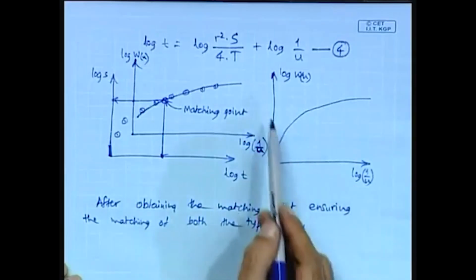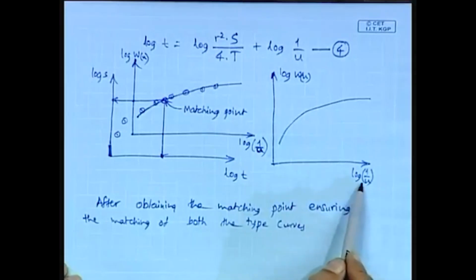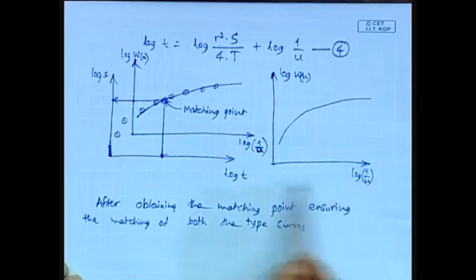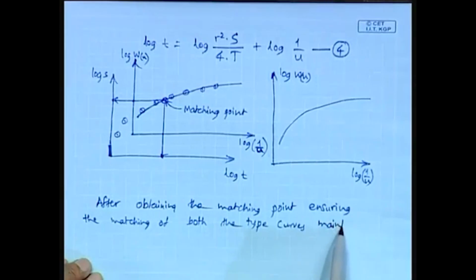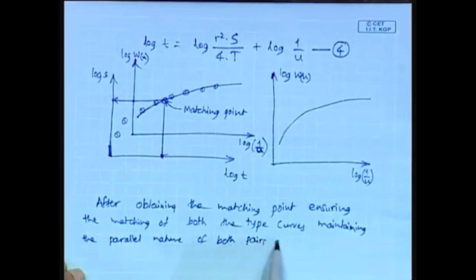Type curve 2 is a plot of log of well function W versus log of the reciprocal of the well function parameter 1 by u, maintaining the parallel nature of both pairs of axes.